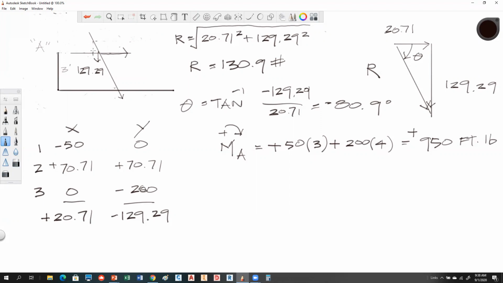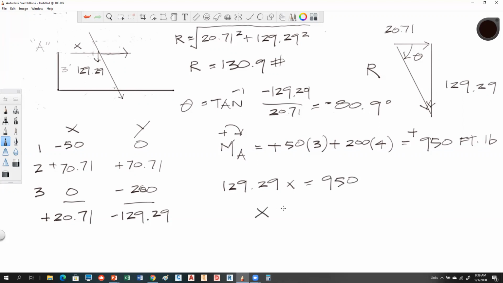So what I can say now is this, that this distance from point A over, we're going to call that distance x. That force times that distance x has to equal this moment. Okay, so I can say that 129.29x has to equal 950.